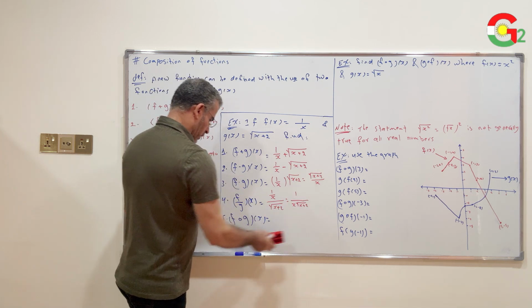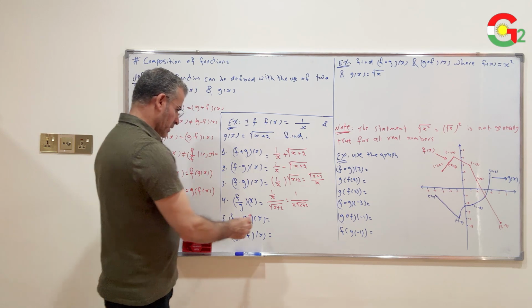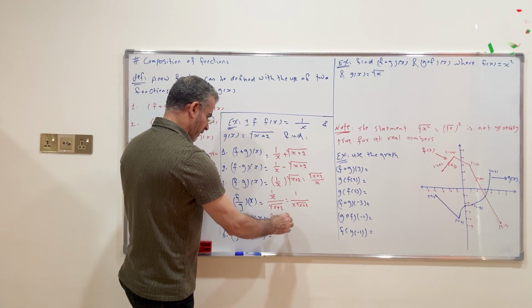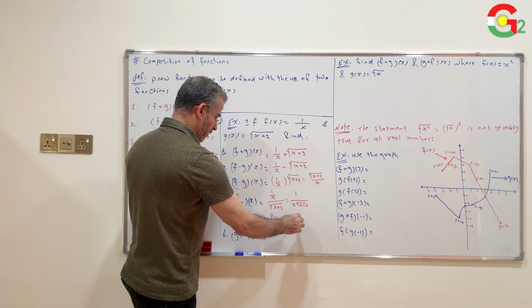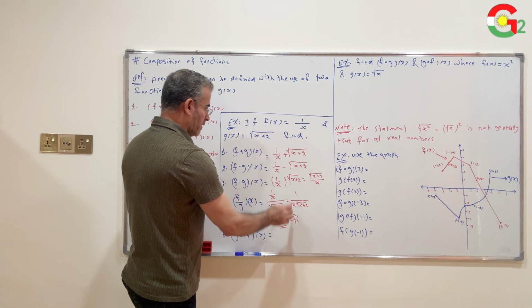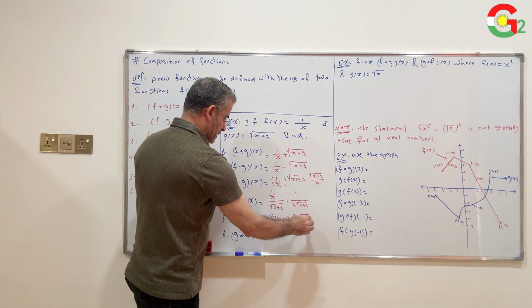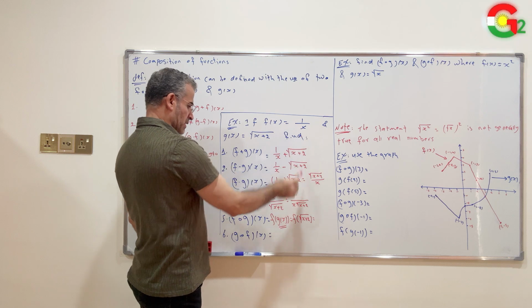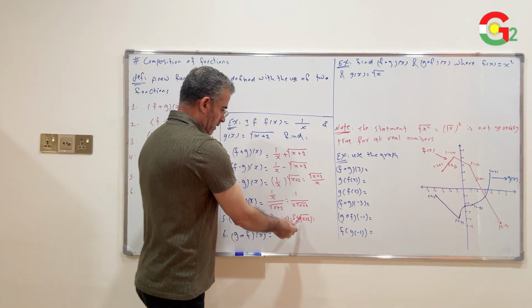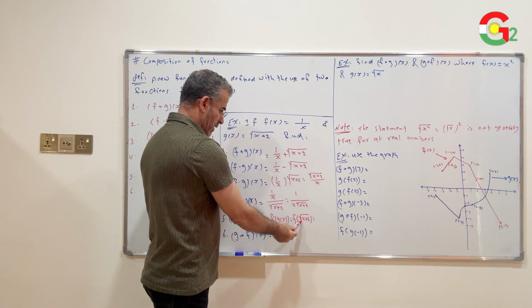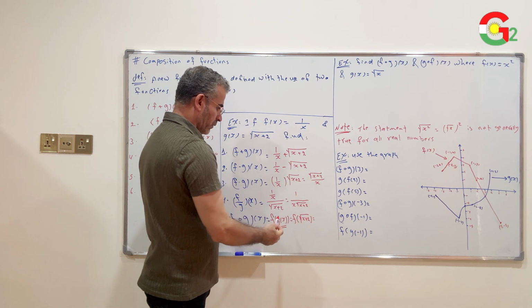f o g, it is f of g of x, equal to f of square root x plus 2. Then in the function f of x, change the variable x with the variable square root x plus 2.